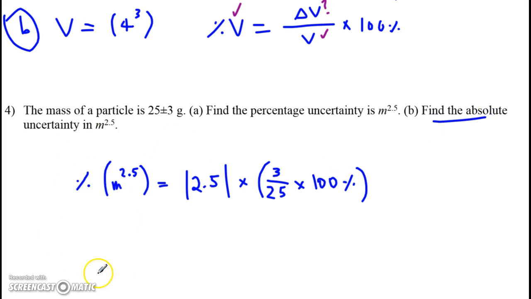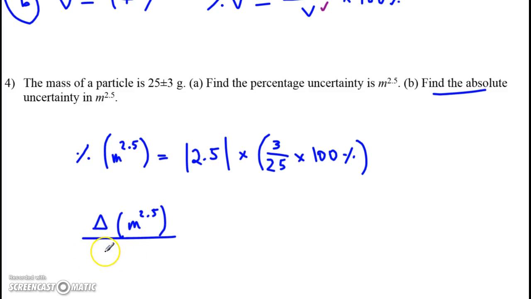You do the same thing as before. The absolute uncertainty in m to the 2.5 divided by the value itself of m to the 2.5. You can calculate what that is, times 100% gives you the percentage uncertainty in mass to the 2.5.